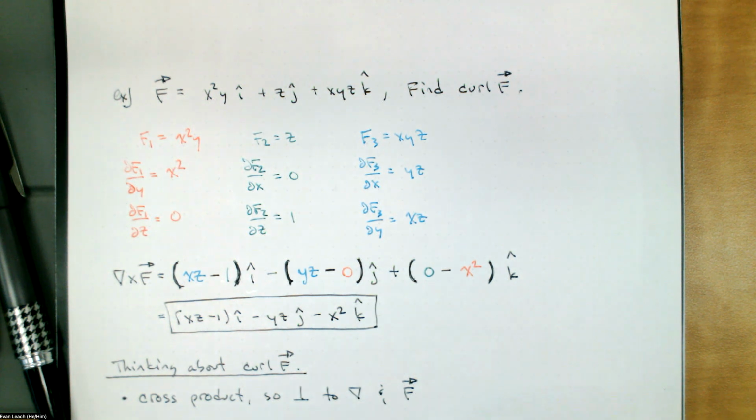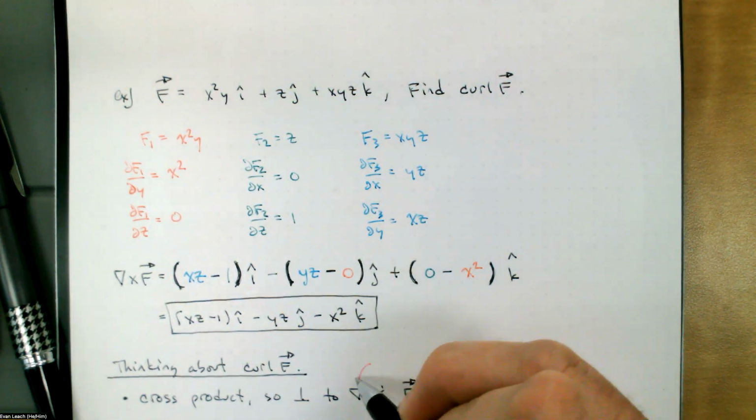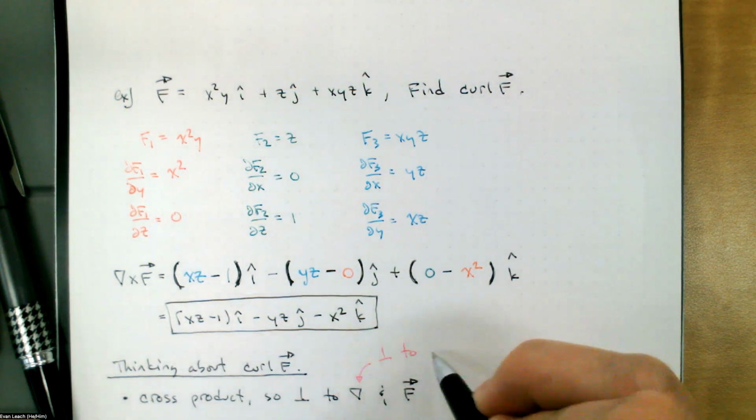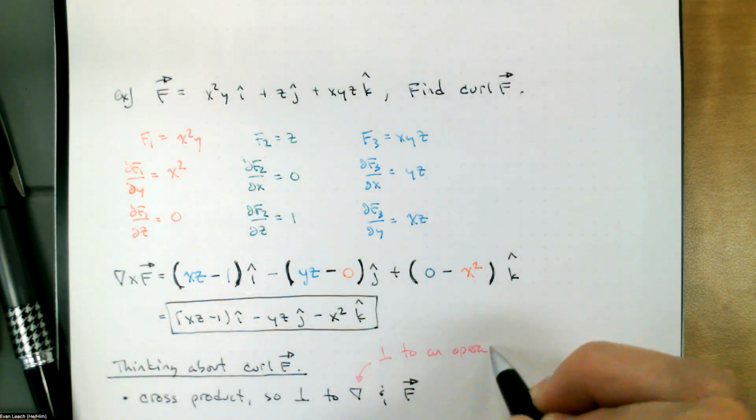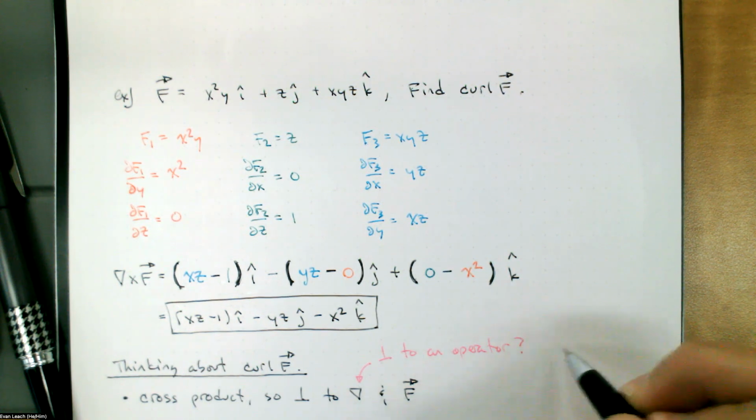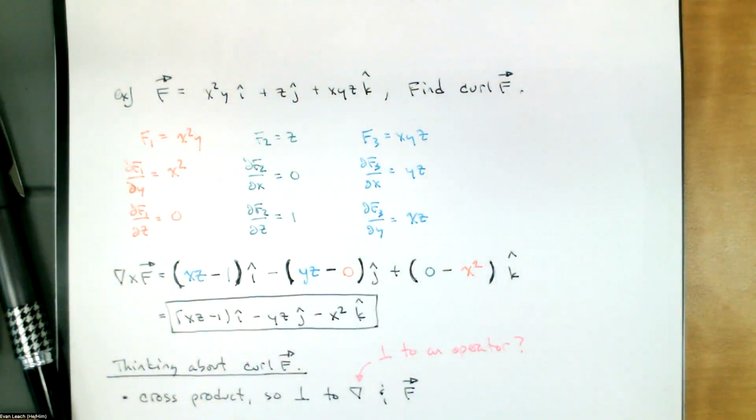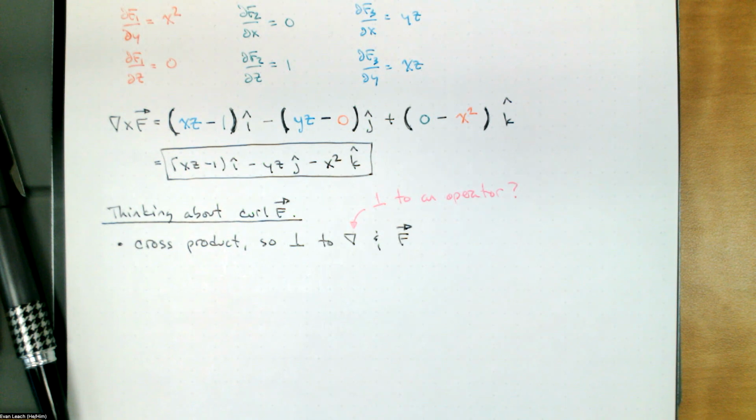What's orthogonal to the del operator? Perpendicular to the vector field, that we can imagine. The vector field is pointed in one direction. Clearly, this curl is going to have to be perpendicular to that.